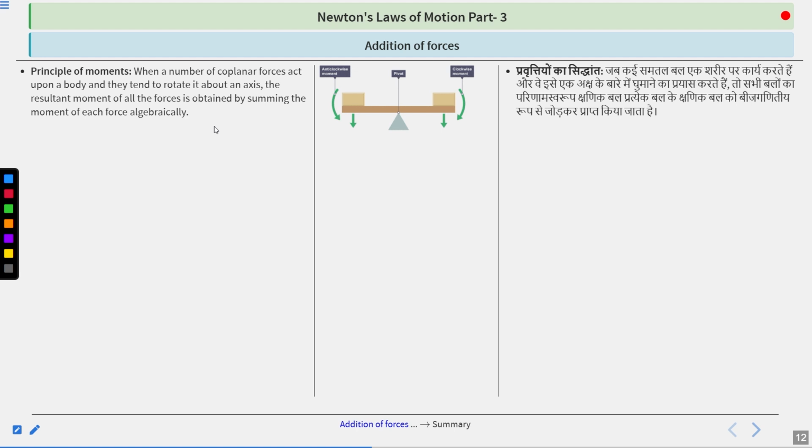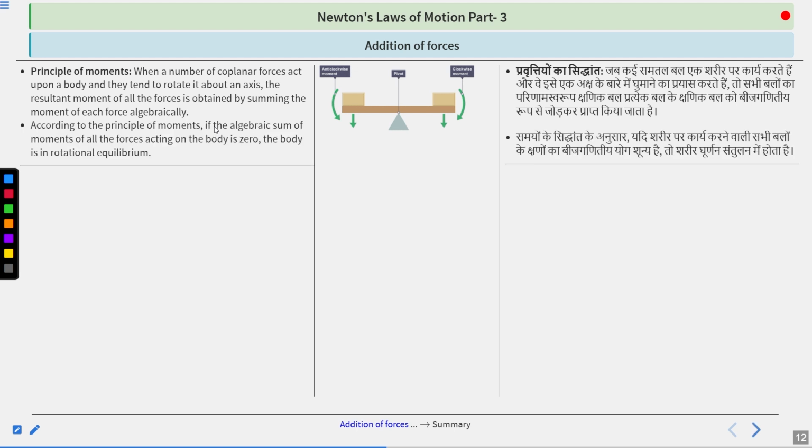According to the principle of moments, if the algebraic sum of moments of all the forces acting on the body is 0, the body is in rotational equilibrium. So you got the new term rotational equilibrium. Whenever rotational equilibrium is obtained, always remember that these coplanar forces have the algebraic sum 0.